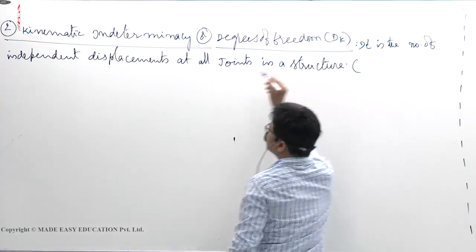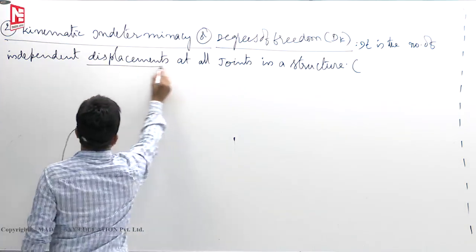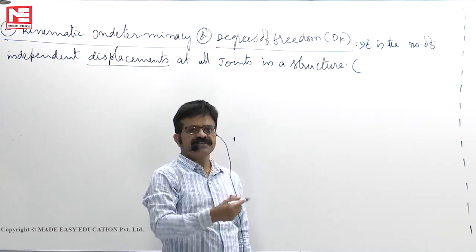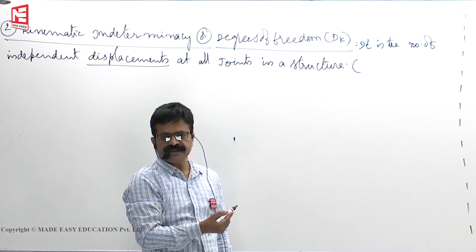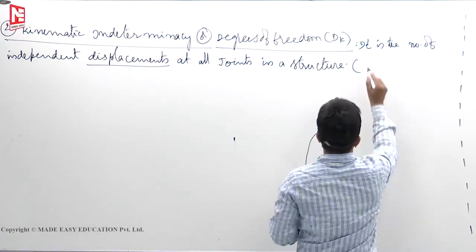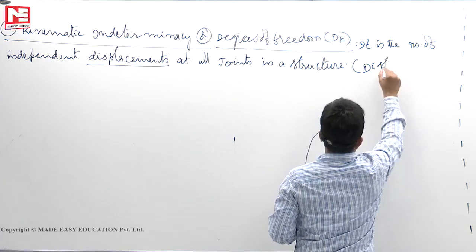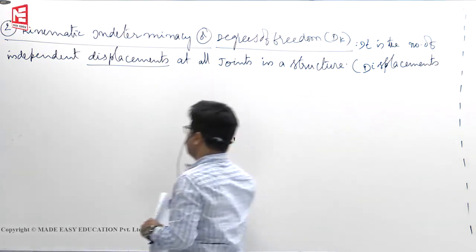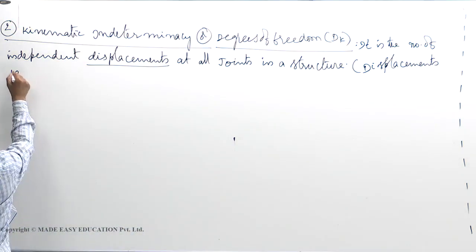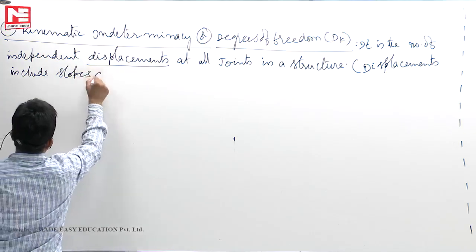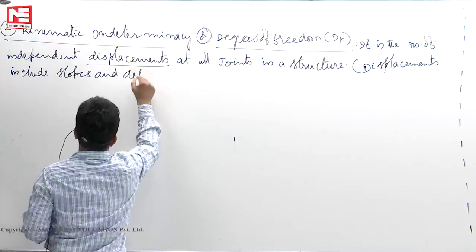Now, if we say displacement, it can be a linear displacement like a translation, or it can be an angular displacement, meaning rotations. So displacements is a general term that includes slopes and deflections.